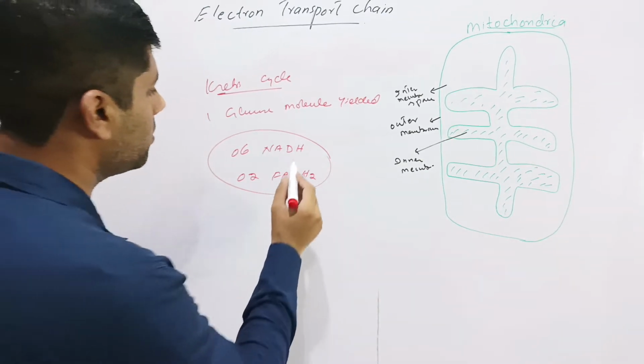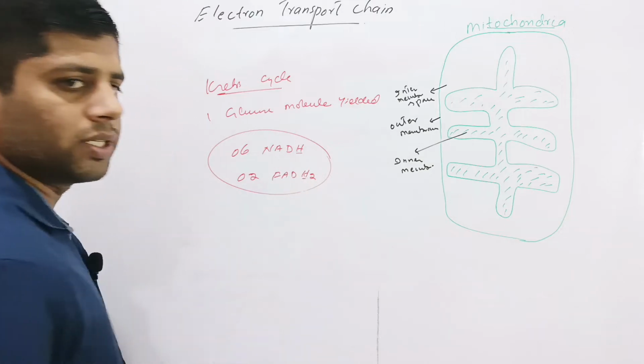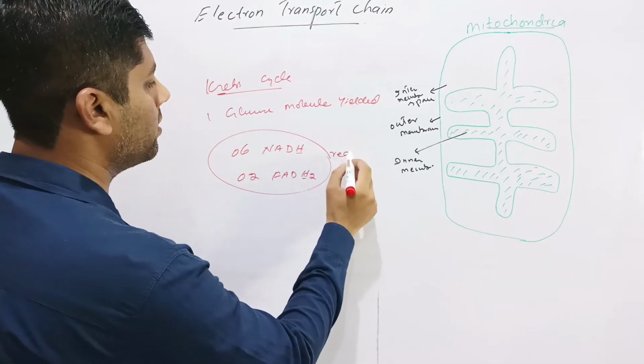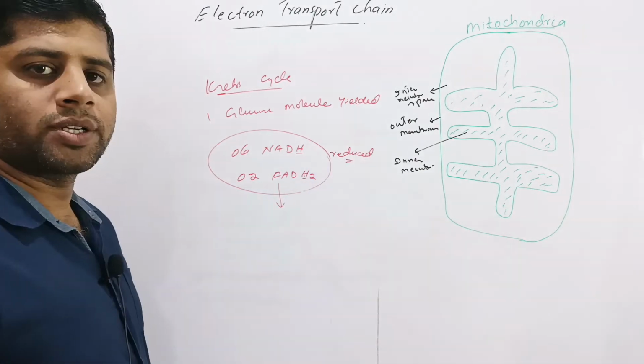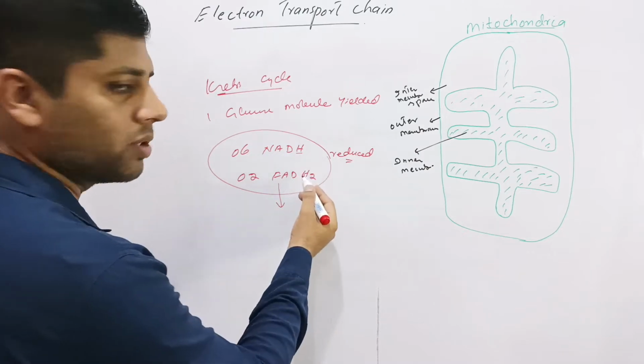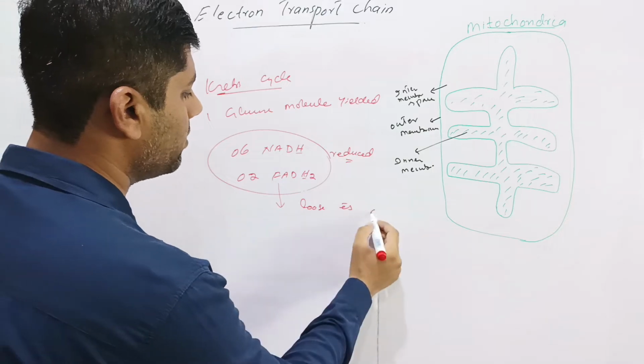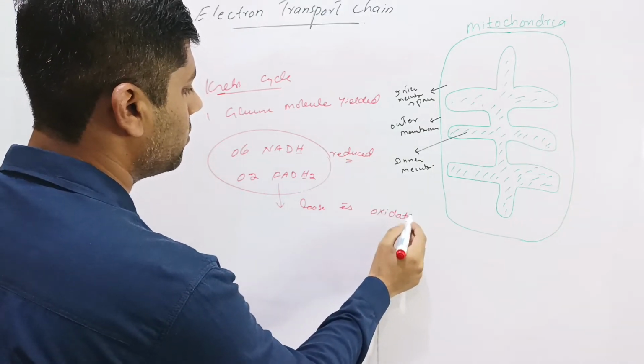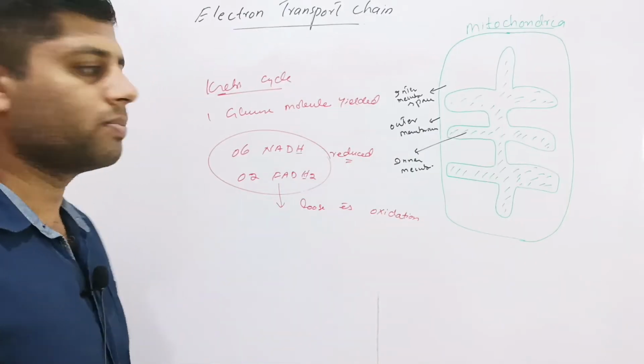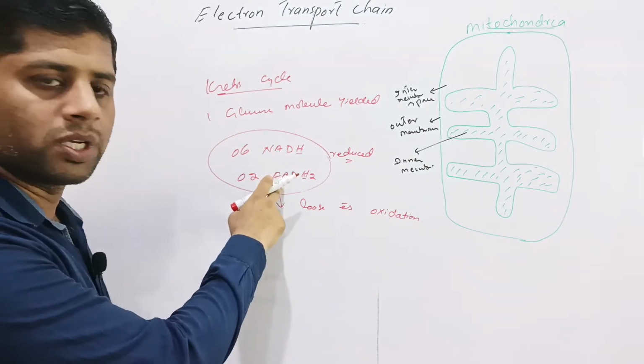As these molecules contain hydrogen, we can say that these are in reduced form. In the electron transport chain, these molecules lose electrons, and when electrons are lost, this is called oxidation. So basically, the electron transport system oxidizes these two reduced molecules.